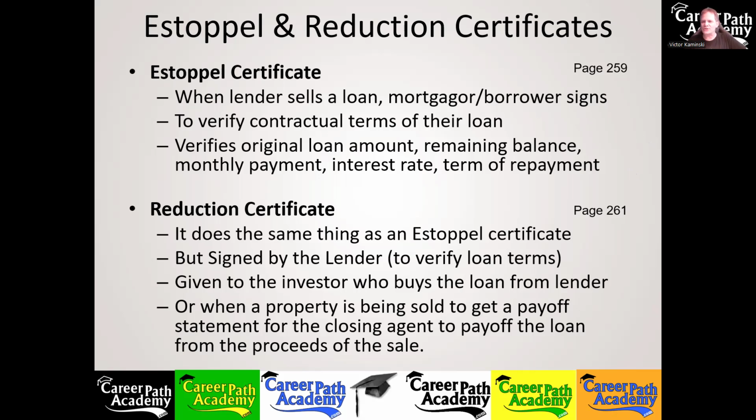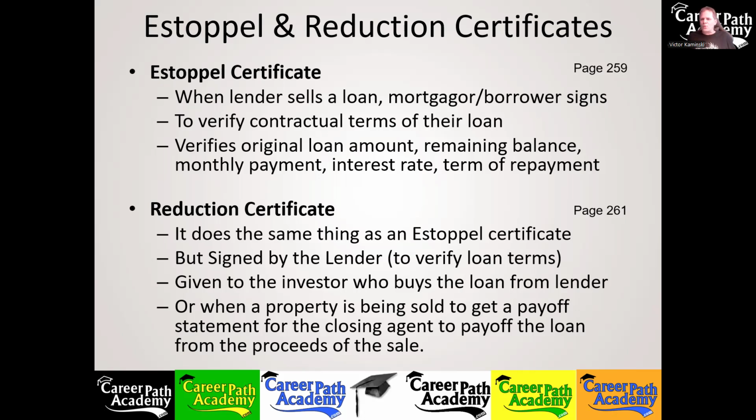But that investor who's going to buy that loan, before they pay out all that money, is going to want to confirm all the terms of the loan, the amounts, the interest rates, and all that. They do that by getting the borrower to sign an estoppel certificate verifying all the terms of the loan.